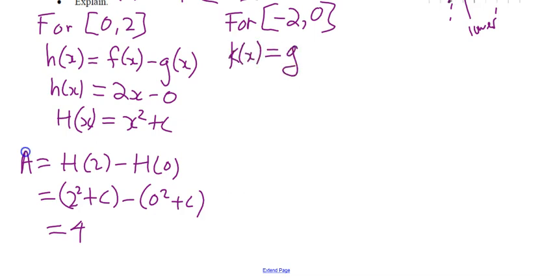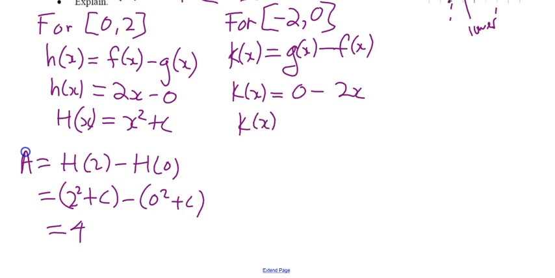K of x will be g of x, that's the upper function, minus f of x. Right? So this time the x-axis is on top, right? It's above the function 2x. So k of x will be 0 minus 2x. So k of x is negative 2x.